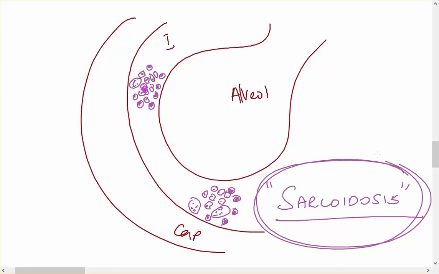Morphologically, if I see non-caseating granuloma as per the book, it is sarcoidosis. But practically, even non-caseating granuloma can be seen in tuberculosis. In early stages of tuberculosis, they have non-caseation, then they go on to caseation.